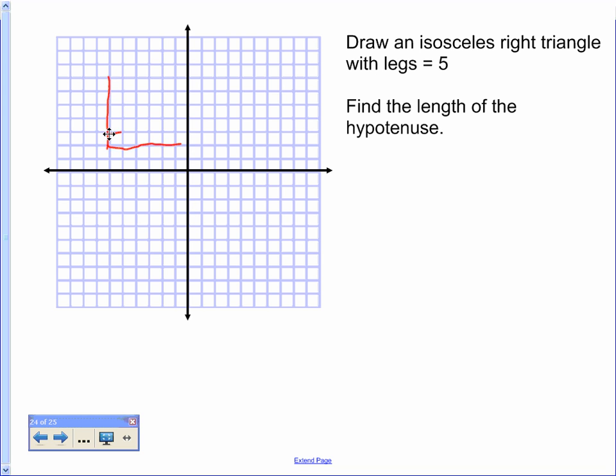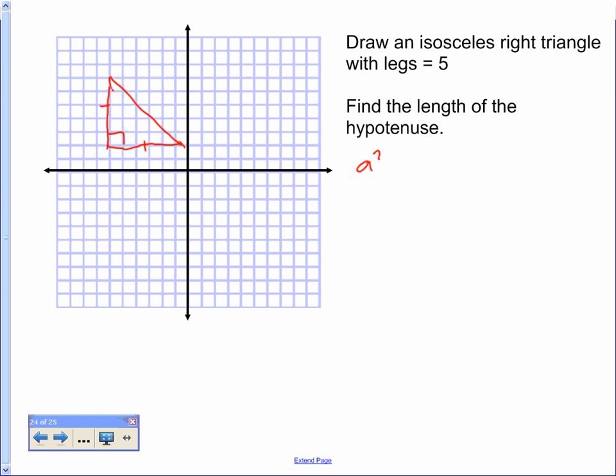So now I've got a right angle and an isosceles triangle because I made these both 5. So if I draw in my hypotenuse, okay, something like that. Now I want to find the length of the hypotenuse.